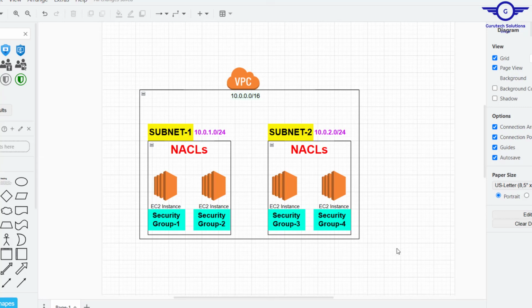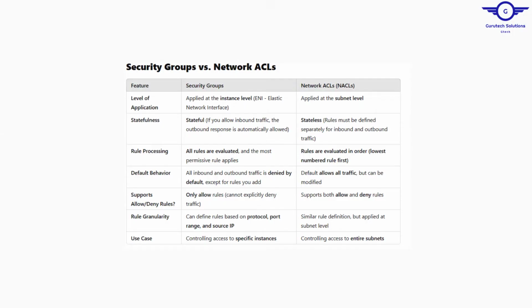I've already prepared a table here that I'll open to show you the key differences. Security groups are applied at the instance level, or the ENI, the elastic network interface. But NACLs are applied at the subnet level. Let me explain that with this diagram.